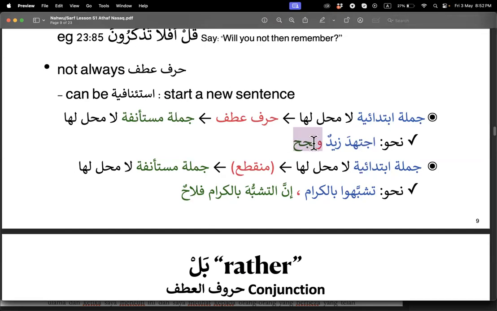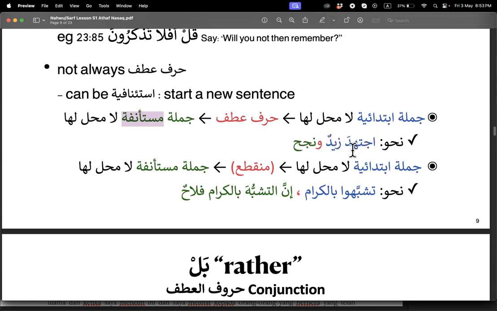So either in the i'rab you see this or you still see istitnaf. When they say the jumlah is istitnaf or musta'naf, it can be because of this. Maybe it has a harf atf, but because the jumlah before doesn't have a mahal, this jumlah still doesn't have a mahal. Yes, it's connected, but you don't say this is the khabar of this or something.